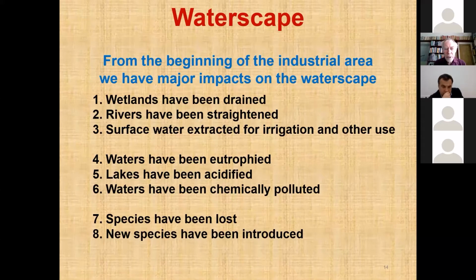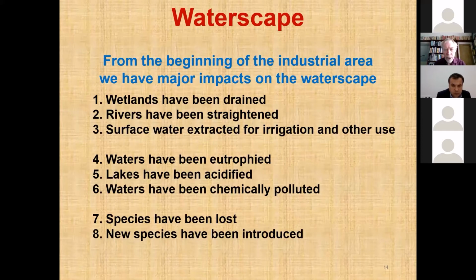Waters have also been eutrophied, that is, the content of nutrients in water has increased, nutrients being phosphorus. Some lakes have been acidified because of industrial pollution. And of course, the other kind of pollutants, chemical pollutants. I think this is more serious in Uzbekistan than the acidification.